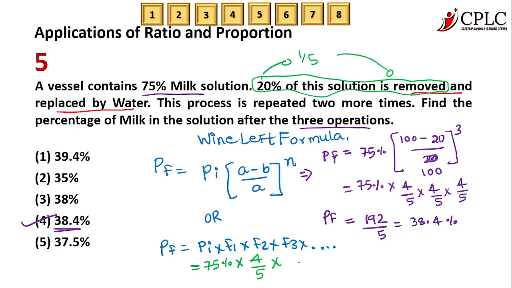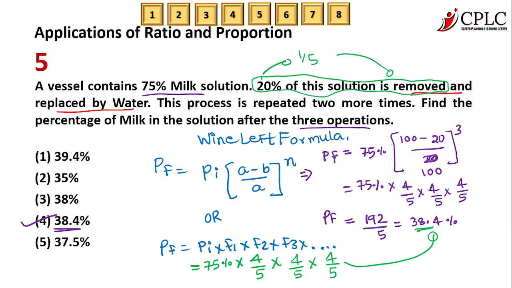Similarly, for F2, again 20%, that is 1 by 5, is removed. So 4 by 5 is left, and again 1 by 5 is removed, so 4 by 5 is left. That means we end up getting the same answer with the second approach also.